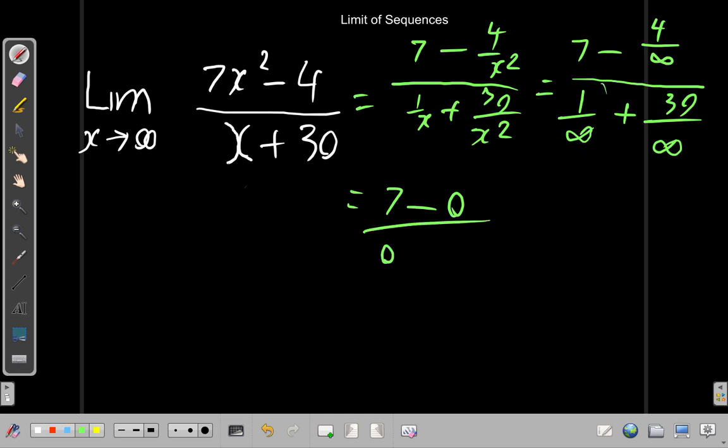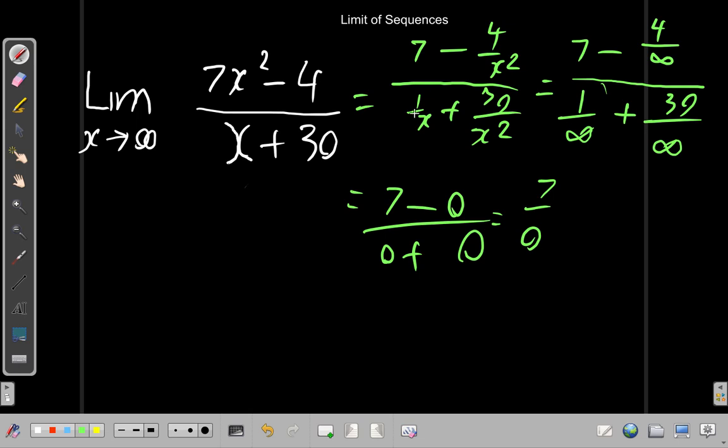Same thing. 0 plus 30 over infinity. So this approaches 0. Now, as this approaches infinity, you have 7 over 0. That is still infinitely large.